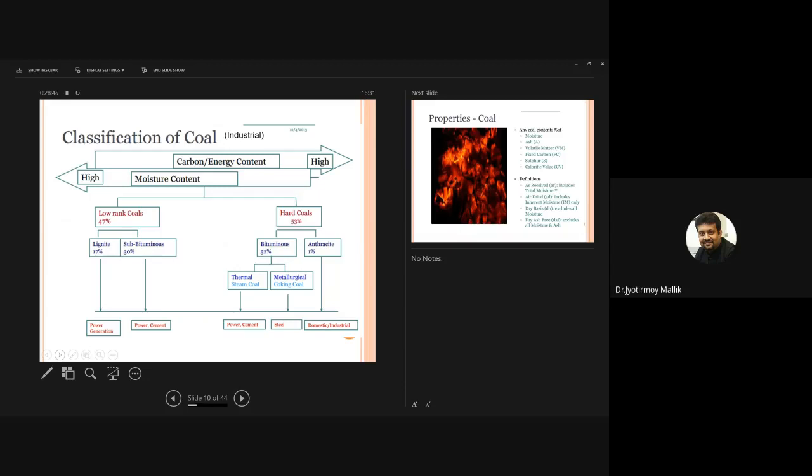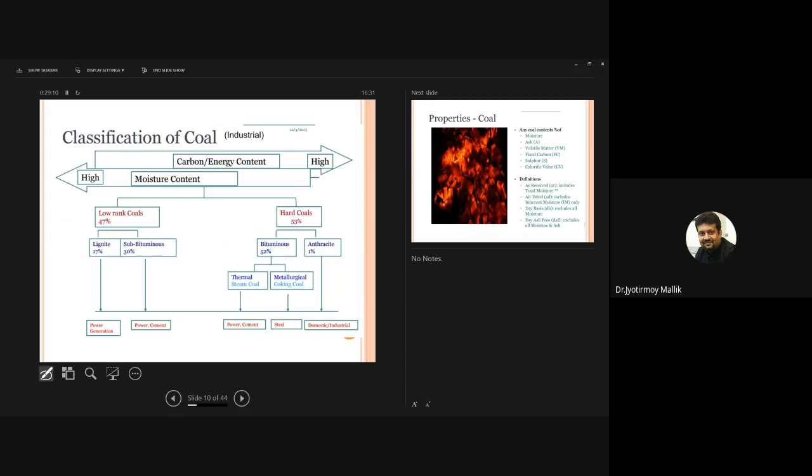Okay, in the metallurgical industry, in the power plant, all these heavy industries have huge use of coal. So hence they have their own classification. And the classification goes like this. So on the right hand side, from left to right, the carbon or the energy content increases. From right to left, the moisture content increases. Okay.